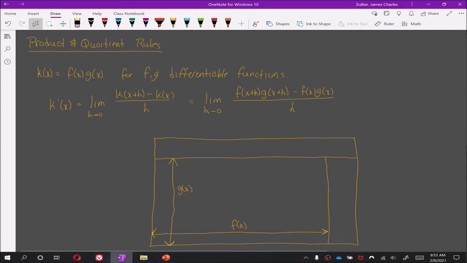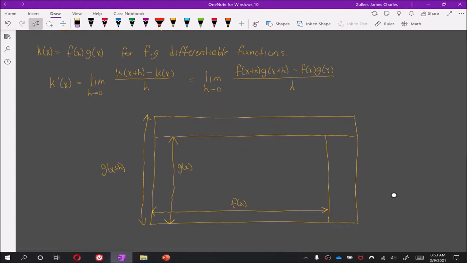So in other words, what that means is that this is g of x plus h, and then this will be f of x plus h.